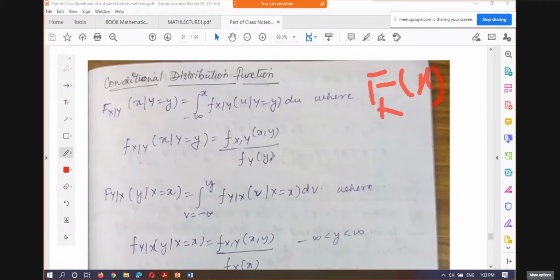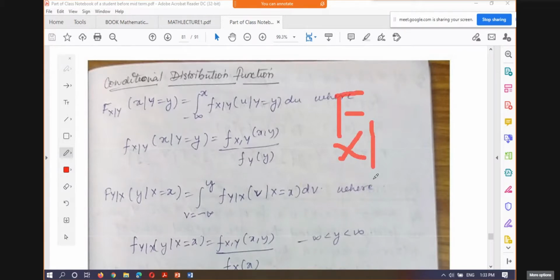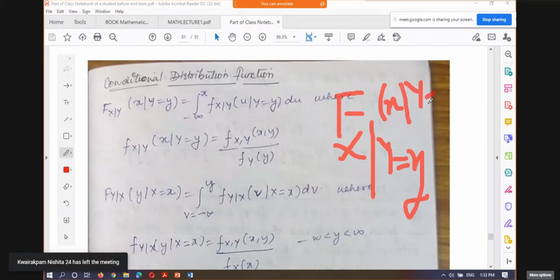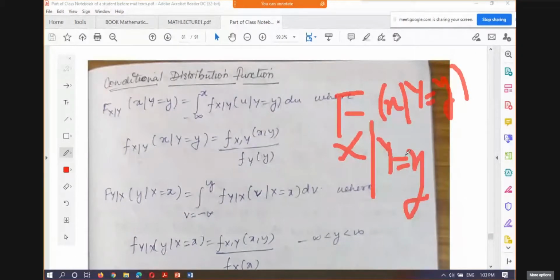Now we use the notation F of x given Y equal to small y to represent the conditional distribution function of the random variable x when it is given that capital Y equals small y.